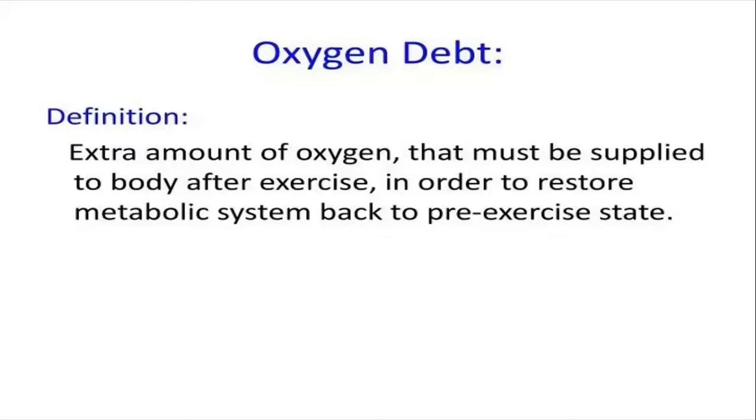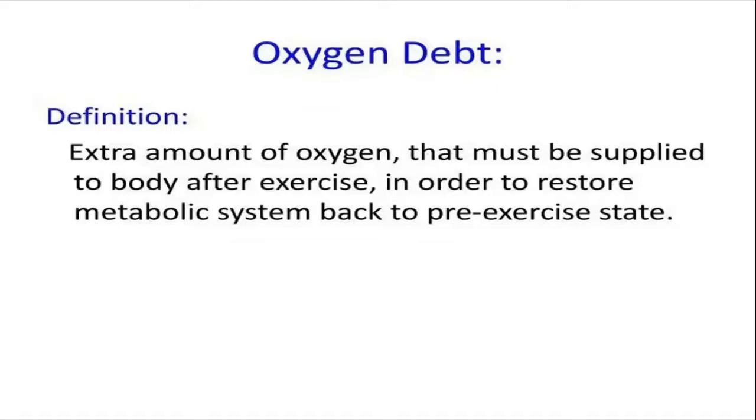How is this 2 liters stored? 0.5 liter in the air of the lungs, 0.25 liters dissolved in body fluids, 1 liter combined with hemoglobin of the blood, and 0.3 liters stored in the muscle fibers themselves, combined mainly with myoglobin.